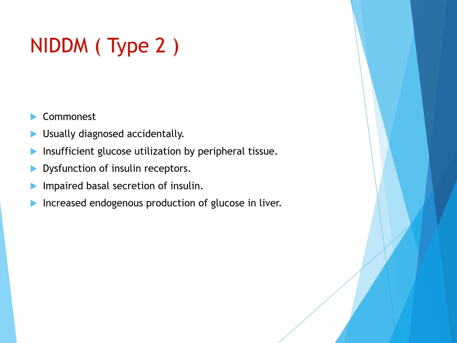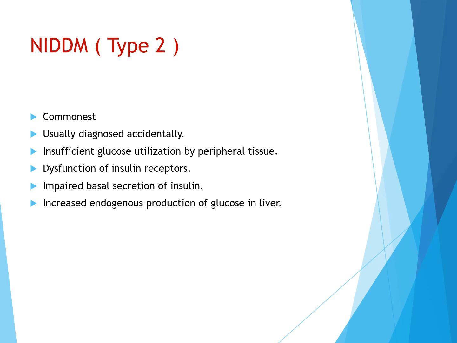The main reason for type 2 diabetes is insufficient utilization of glucose by the body, by the tissues, by the cells. So, this non-utilized glucose remains in the blood, leading to high sugar levels. Sometimes the insulin receptors in the tissues can be defective. They might not be responding to the insulin which is produced by the pancreas. Also, there can be endogenous production of glucose in the liver.